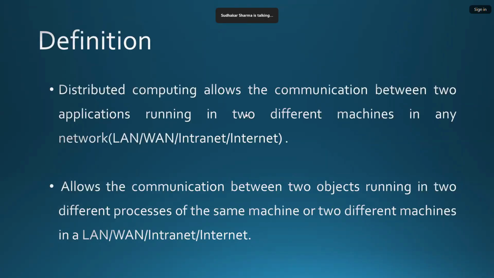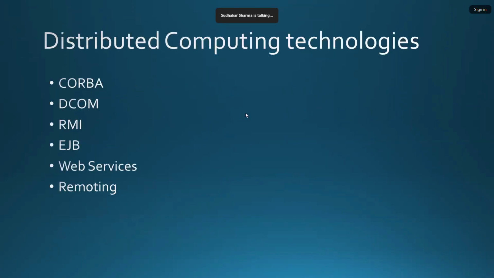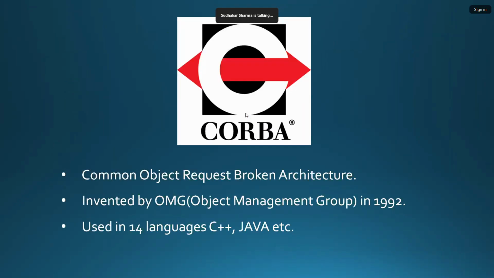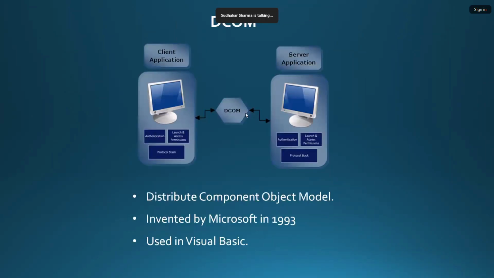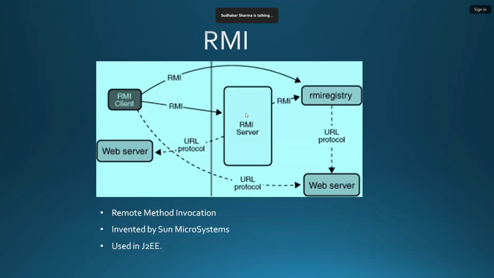Distributed computing architecture allows communication between two applications running on two different machines, and communication between two objects running in two different processes. And these are different computing technologies. We have CORBA, DCOM, RMI, EJB, web service, remoting. CORBA is Common Object Request Broker Architecture, invented by the OMG Group.